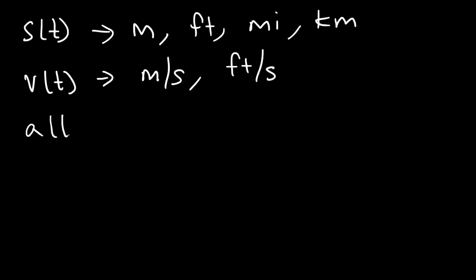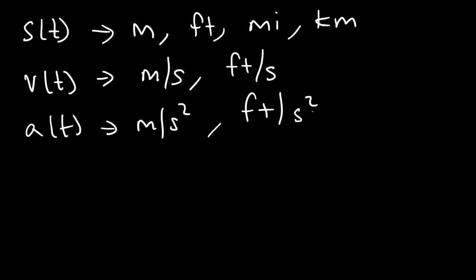And the unit for acceleration is meters per second squared, and feet per second squared. We'll use this later on in this video, but I want to just give you this information now, because you need to know how derivatives and integration relate to these variables.